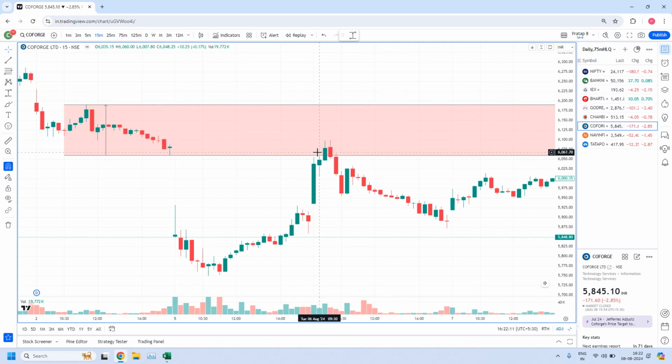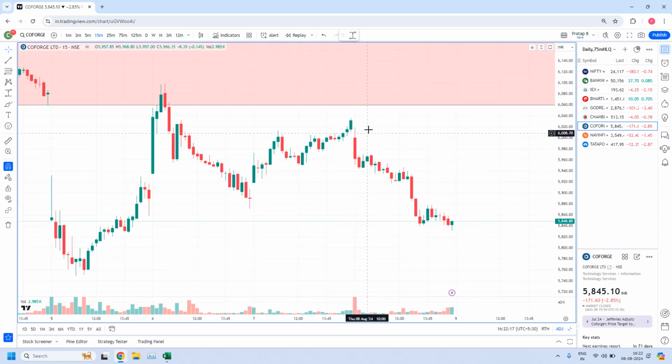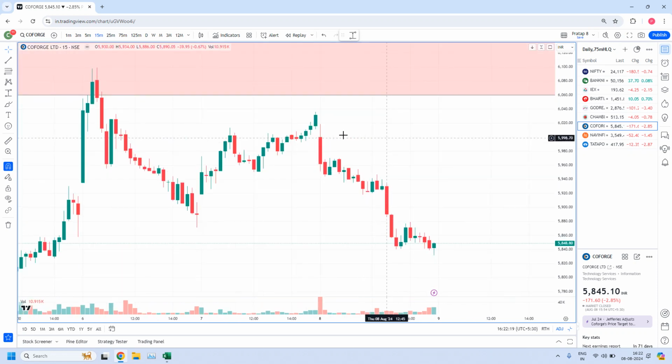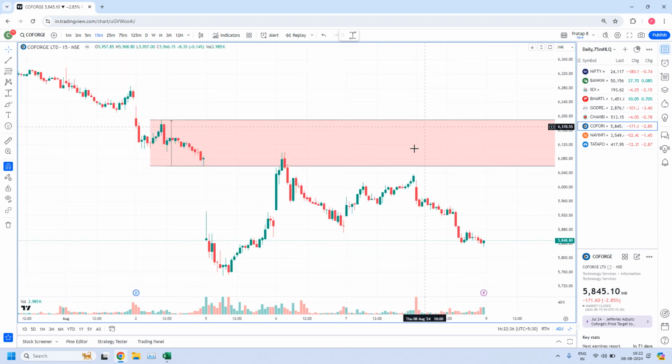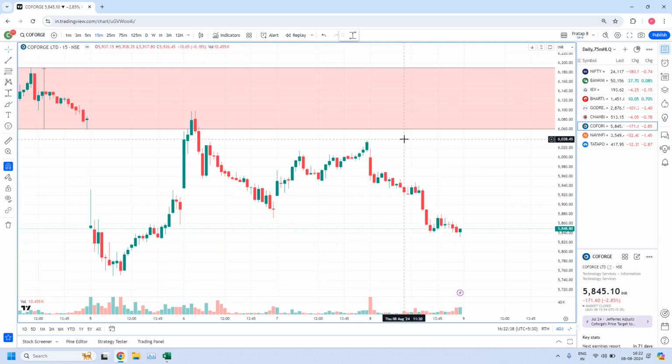This is not today's data. This is previous, on August 6th data. But we have to consider it here. So it's not valid. But anyway, today price did not enter into this. Continuing this price action, it made a lower high and then again moved further down. See here, let us assume this is the high. Now it made a lower high and further moved. Price did not enter into this zone.